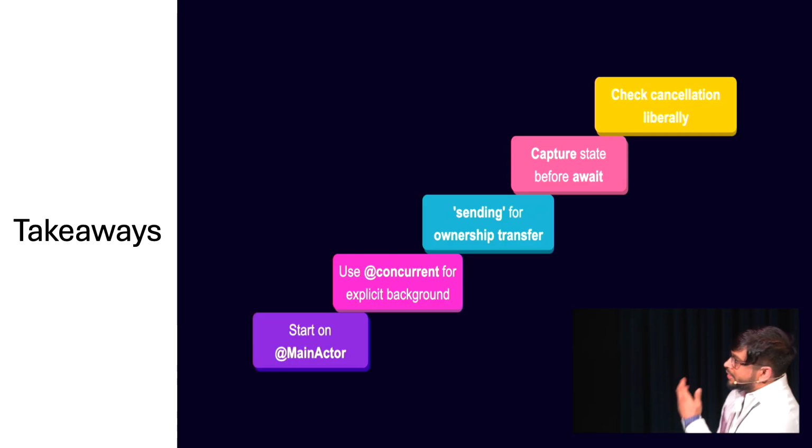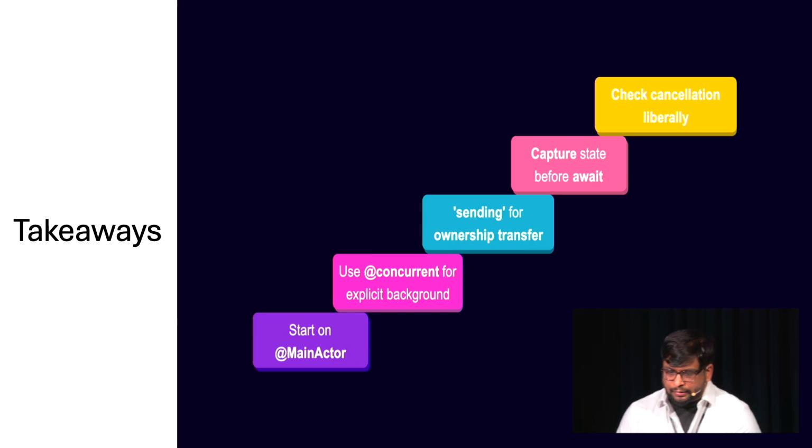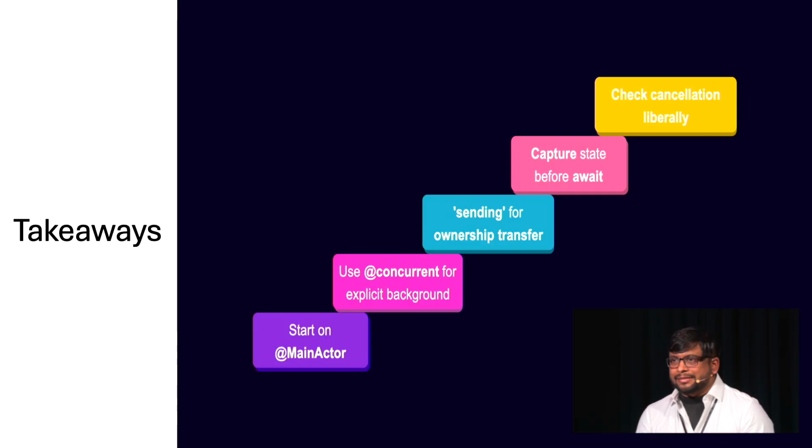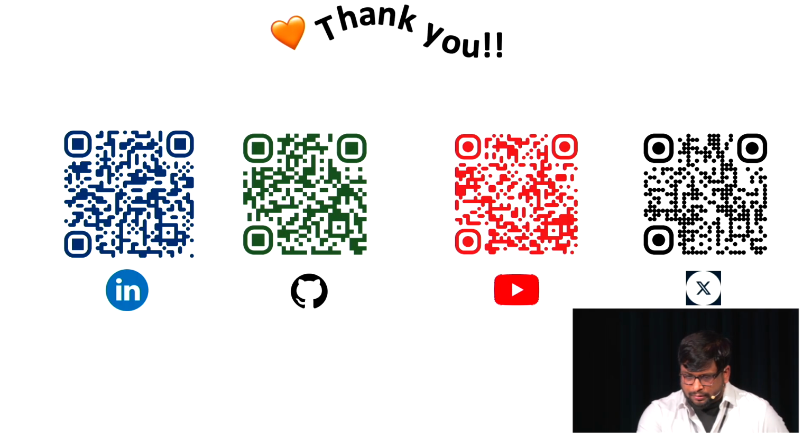And check cancellation liberally. So the compiler is your friend. Trust the errors. They are catching real bugs. And remember, Swift 6 prevents data races, not race conditions. You still need to think. Here's the good news: Swift 6 to 6.2 makes it approachable. The correct path is now the easier path.